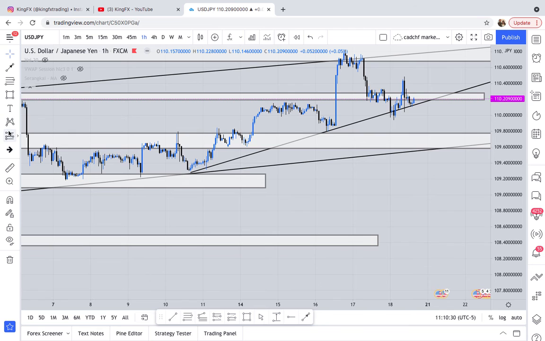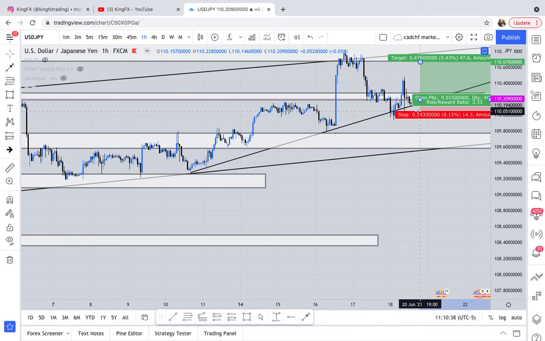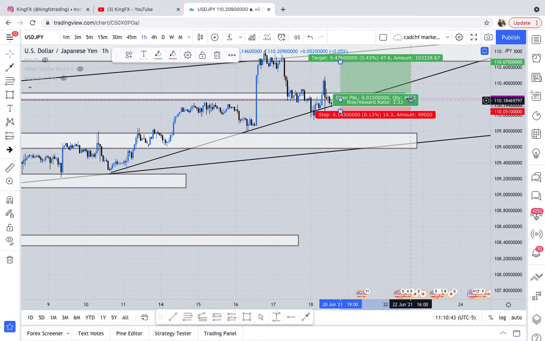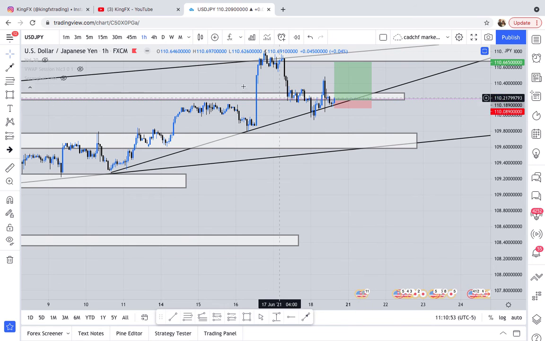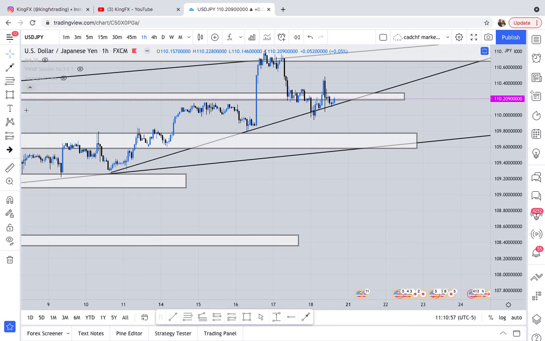It could go long, capturing 47 pips potentially. Stop loss right behind the trend if you want to keep it tight. Keep it real tight if you wanted. You could do something like this. It's potential right there.